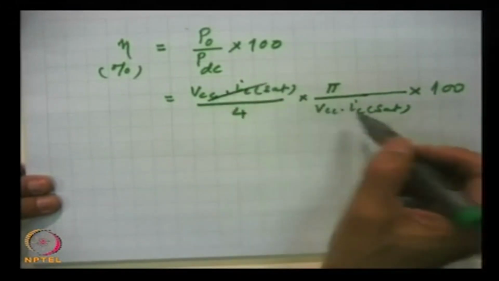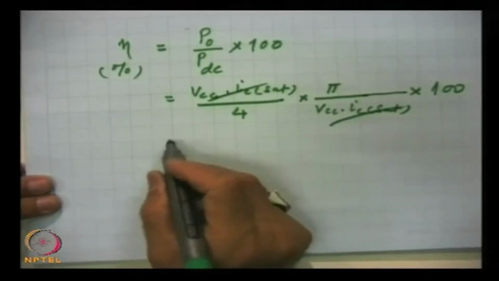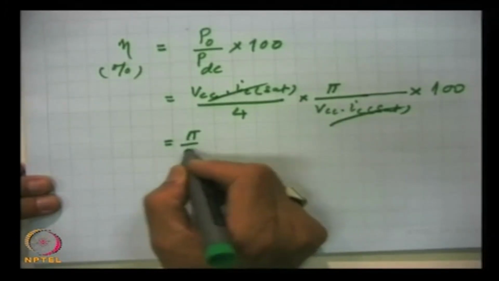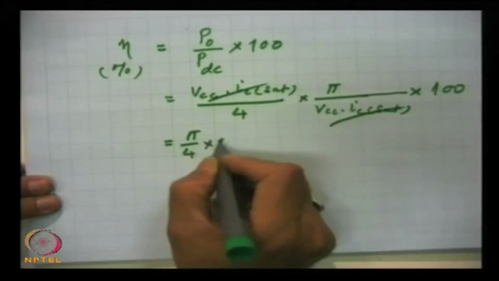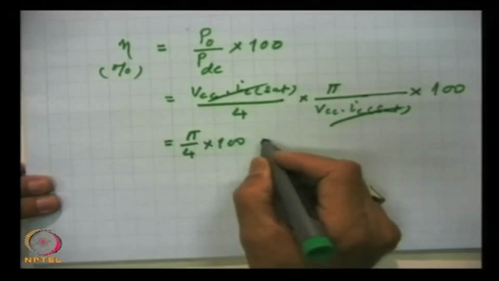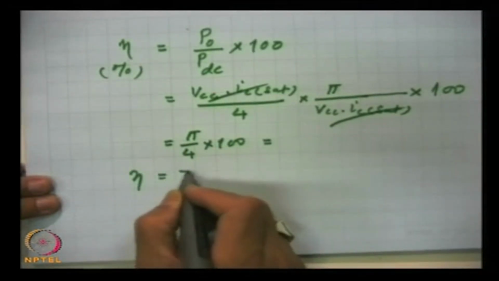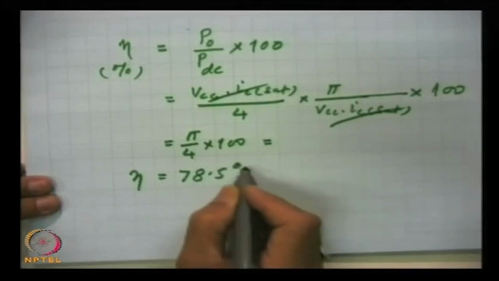So, they cancel, and we are left with pi by 4 into 100, and eta comes out to be 78.5%.